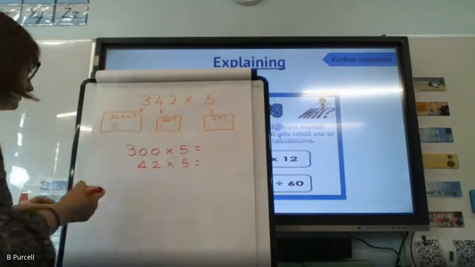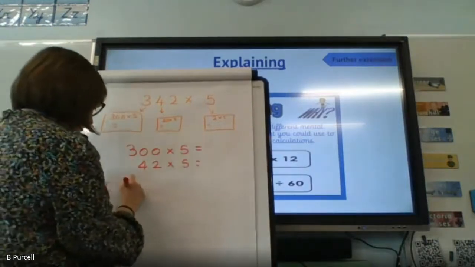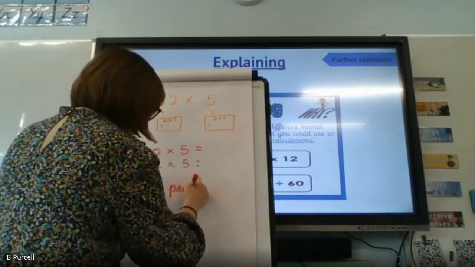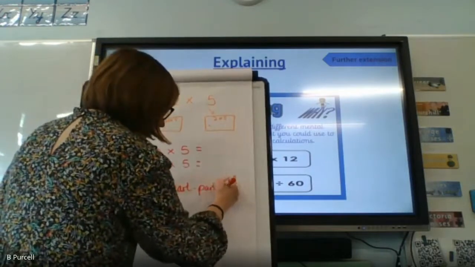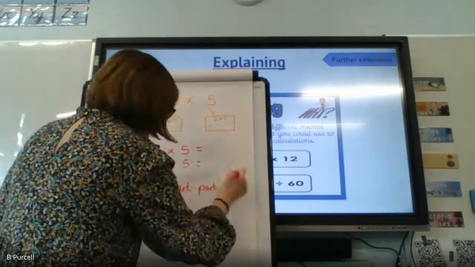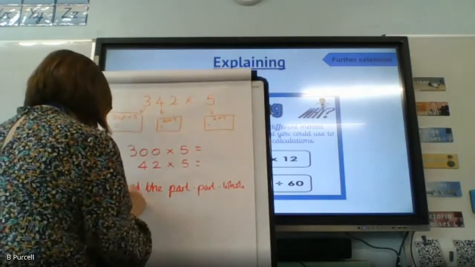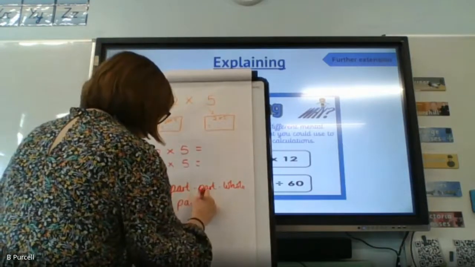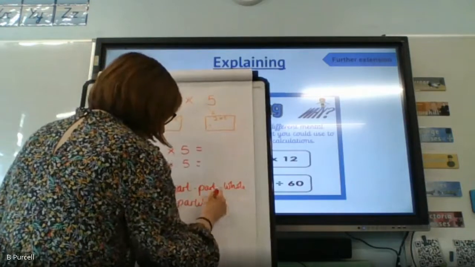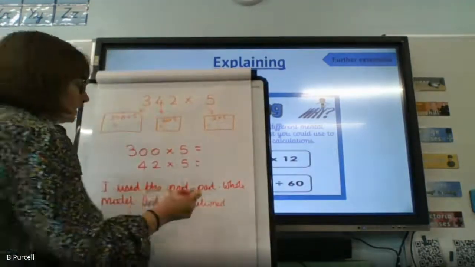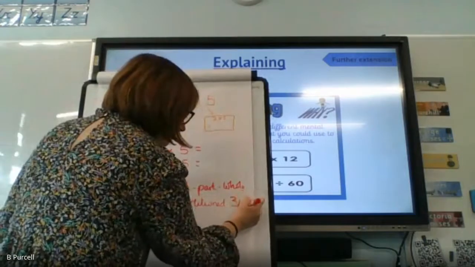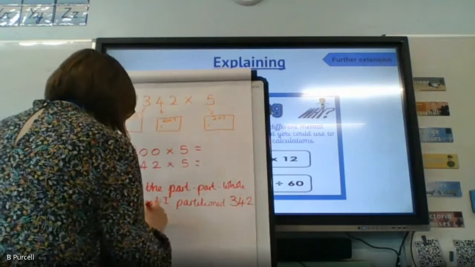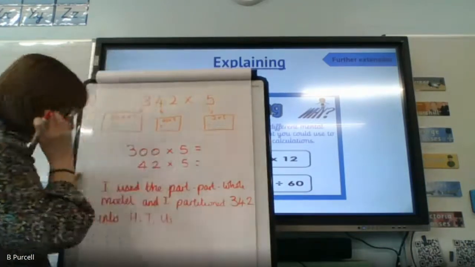So for number 1, I used the part-whole model, and I partitioned 342 into hundreds, tens, and units.